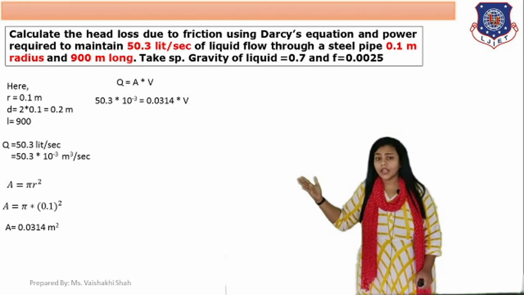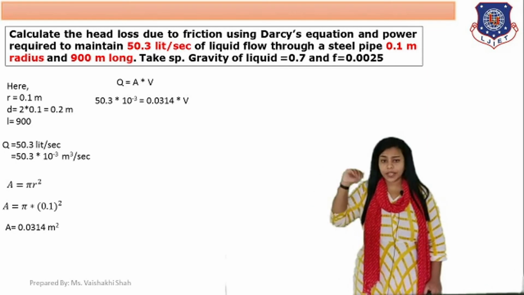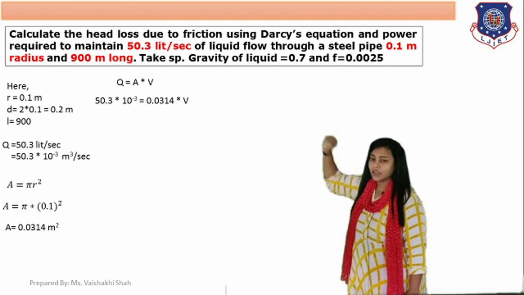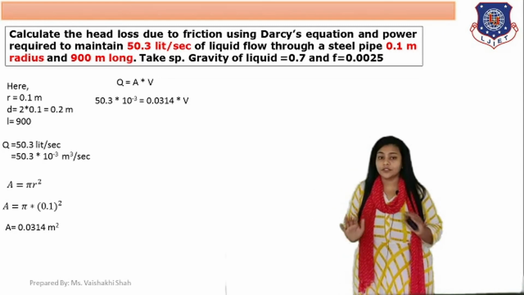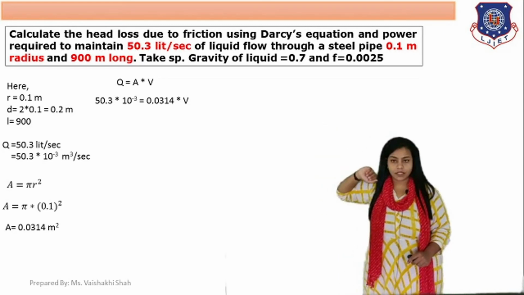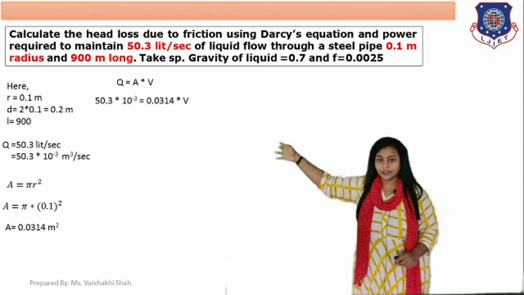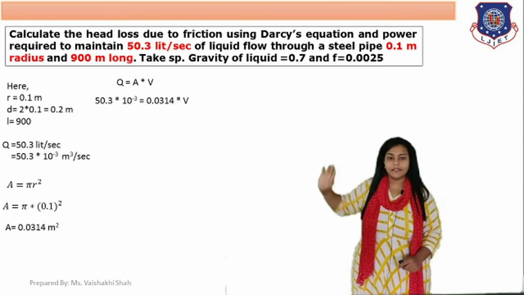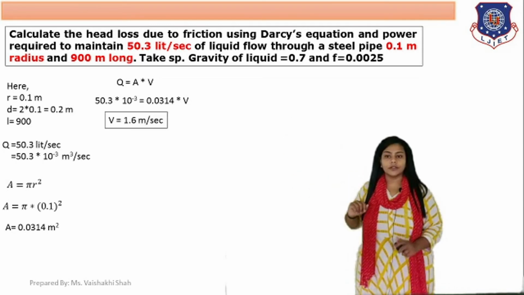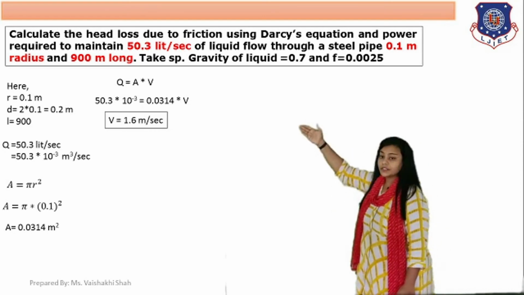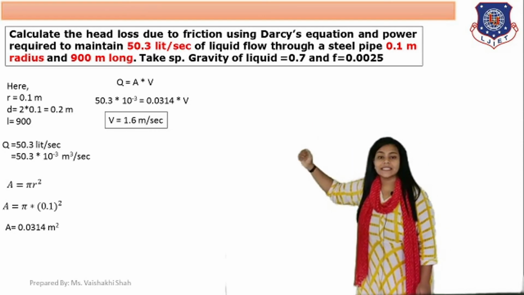As we know, discharge Q equals area into velocity. We have the values of Q and area, so your velocity is 1.6 meter per second.